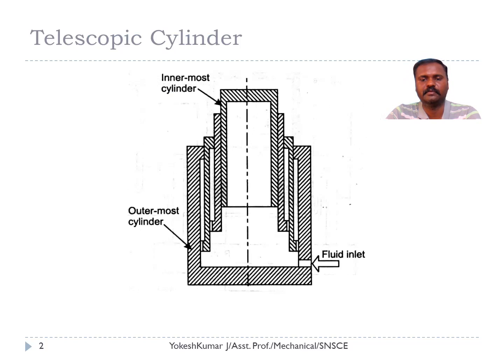In the outer chamber, we have a fluid inlet, and inside, many cylinders are concentrically arranged with respect to the center axis. Depending upon the number of stages required, the number of cylinders may vary, and the diameters of the cylinders also vary. So these are the constructional features of the cylinder.